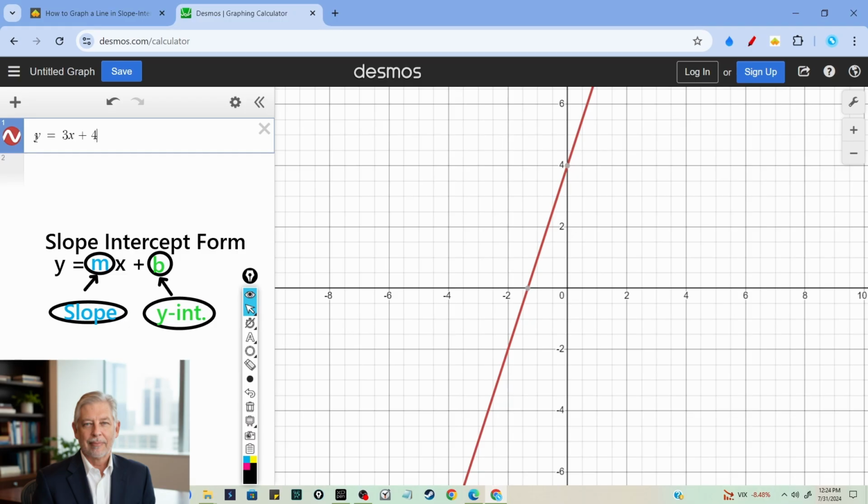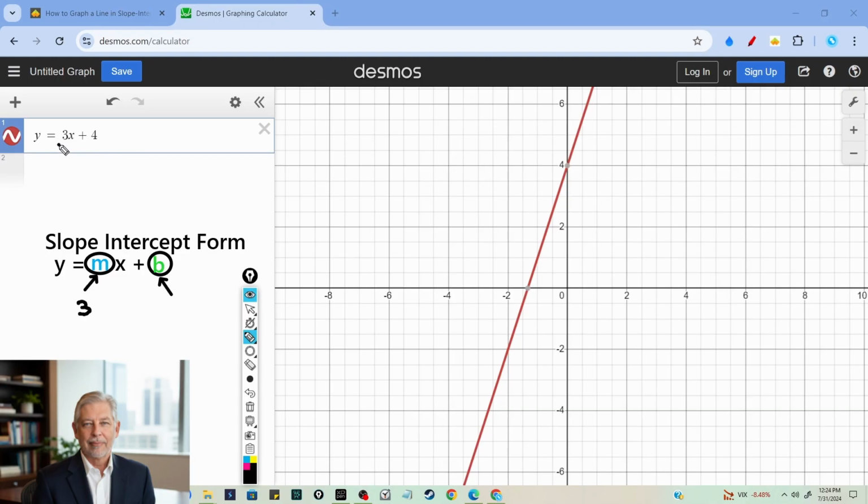For y is equal to 3x plus 4, what is my slope? My slope is equal to 3. And my y-intercept, that's the b value.